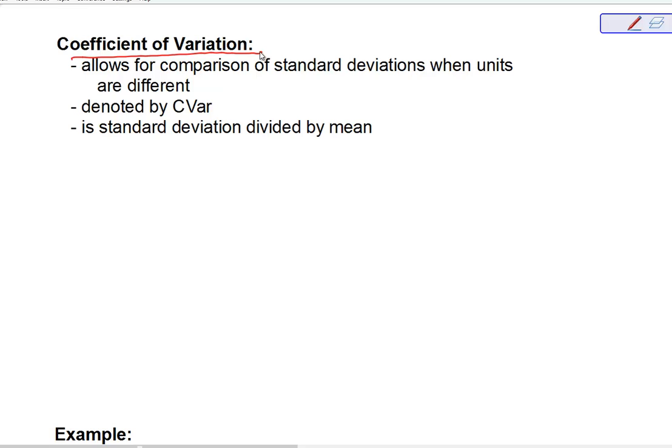This allows us to compare their standard deviations and know which one is more variable. Once we know which one is more variable, we can tell which one is actually better based on the mean. Okay?